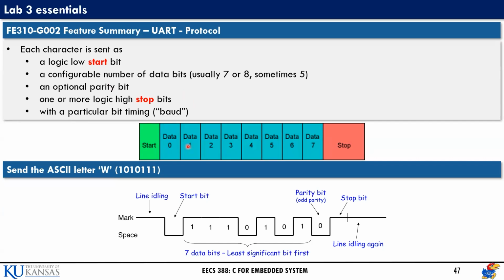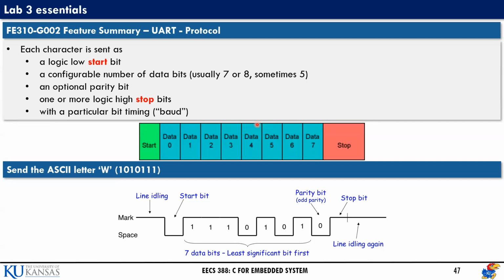So as a result, we start with a logic low start bit. That's our start bit. Then we pass our data, and then we sometimes have a parity bit, and then finally the stop bit. So this is kind of a package we are sending through the UART.